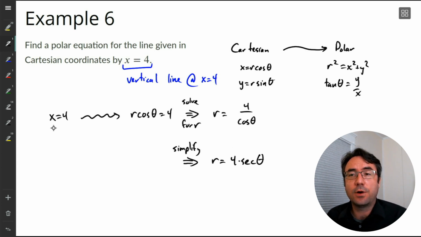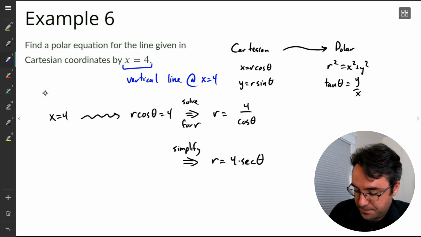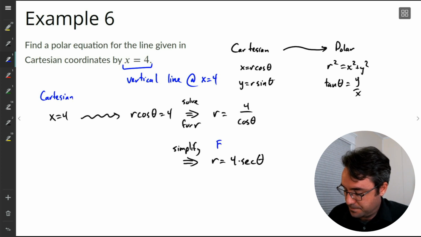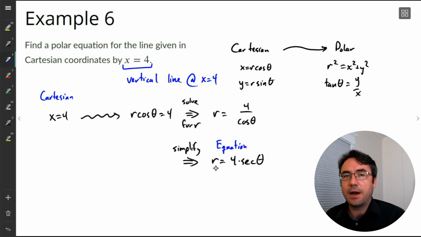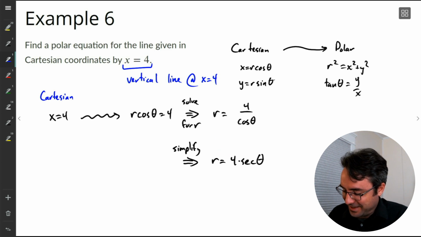So we have our Cartesian version of this vertical line at x equals 4, and we've converted it into this polar equation. And these are going to be the forms that we most readily see: r is equal to a function of theta on the right-hand side. That's a polar equation.